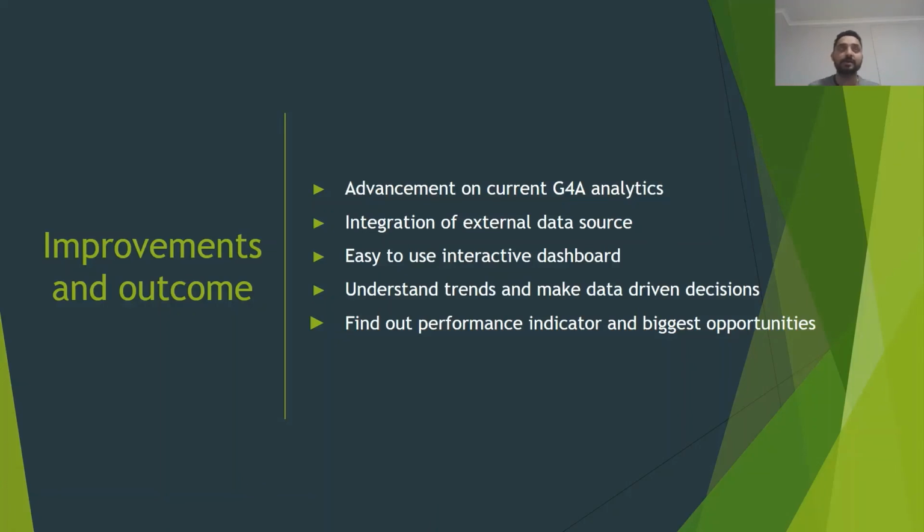After we get that data, MIT's board will be able to look at the trends and make data-driven decisions. They can also look at performance indicators of the factors the library is being affected by, and look at opportunities for the future.